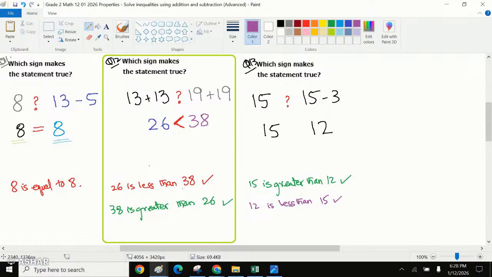How do we put the greater sign? We know that the greater sign means the open end of the sign is always towards the bigger value. This is towards a bigger value, right? And both the statements would be true.